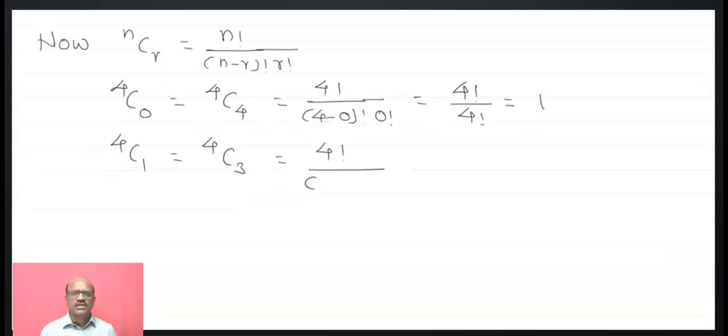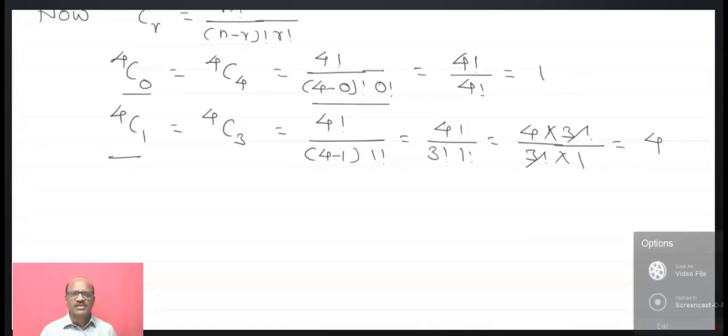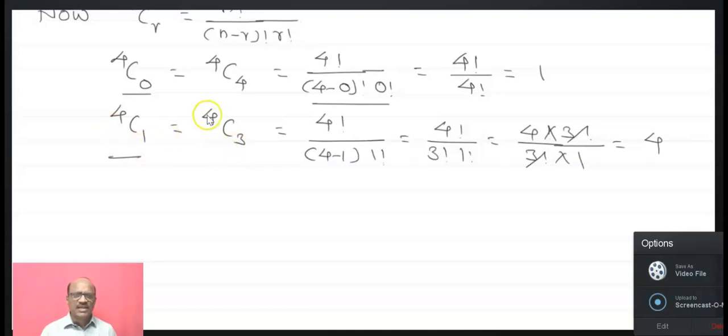See this value, that 4C1 is equal to 4C3, and I'm taking 4C1. Substitute it, and now I will explain here. The 4C1 is equal to 4C3, by using the formula nCr is equal to nC(n minus r).